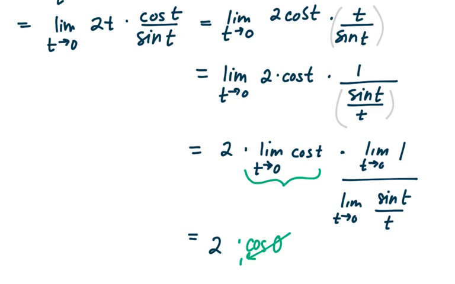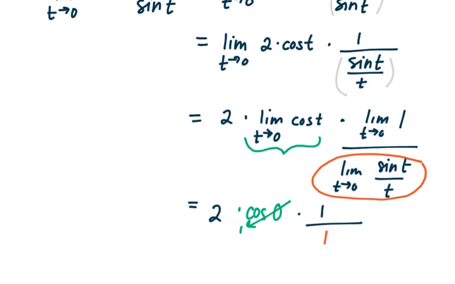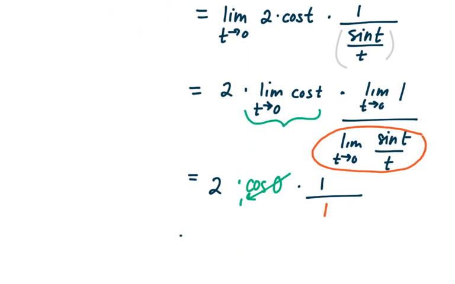The limit of a constant is the number itself. And then this piece in the denominator here, we know this limit because that is something we define. That's a theorem we have that we're going to be able to use. So I know that's equal to 1. So now I can say here that this limit is equal to 2 times 1 over 1, and multiplying by 1 keeps it the same.